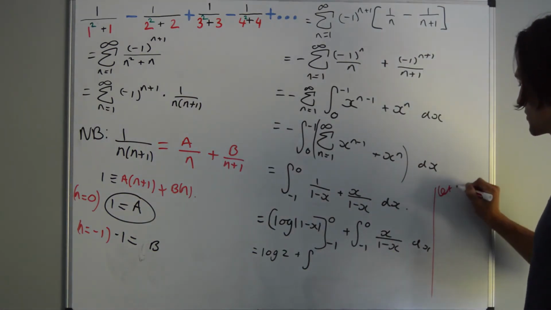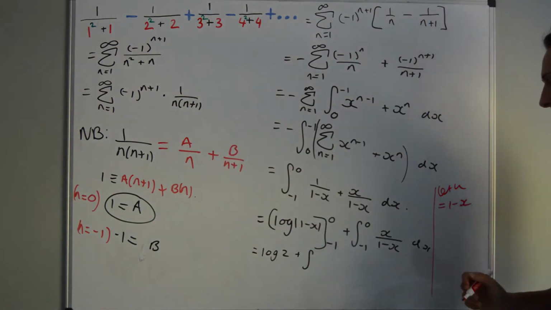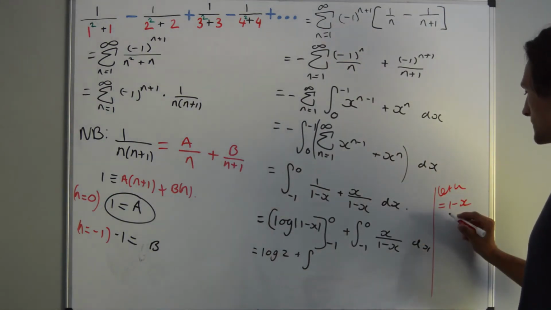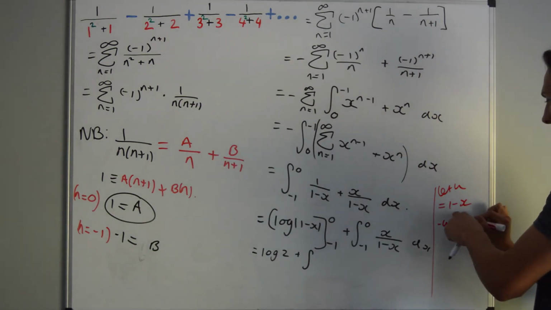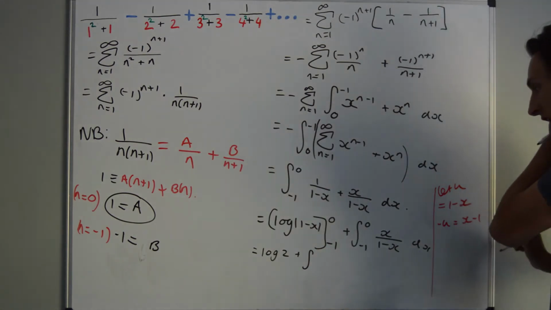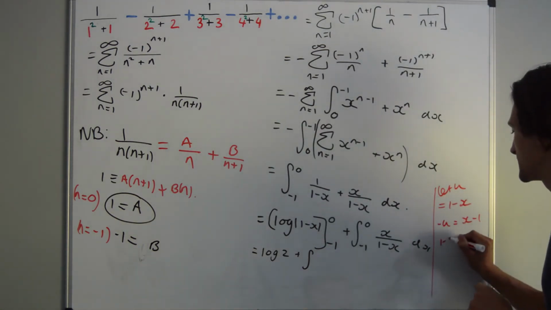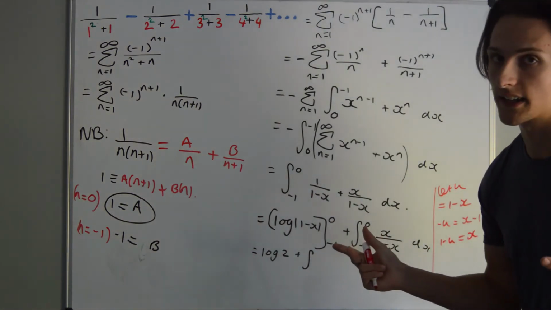Let u equal 1 minus x. Then minus u is going to equal x minus 1, and then 1 minus u is going to equal x, which is the thing we have in the numerator exactly as we want.